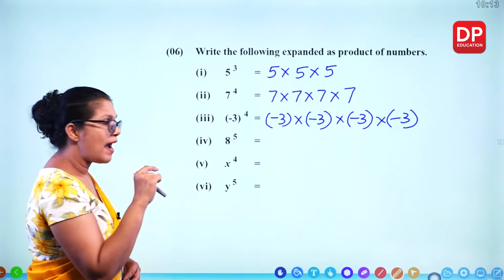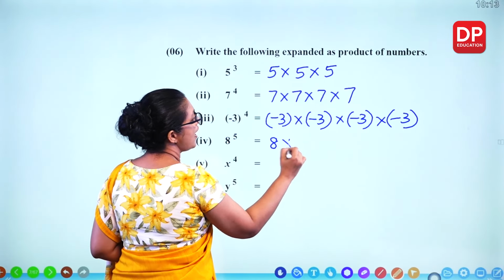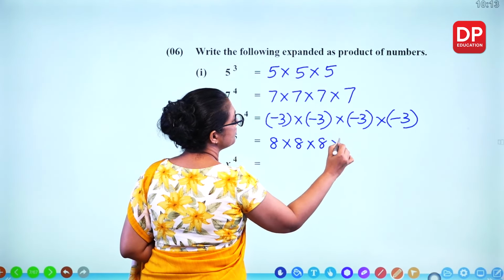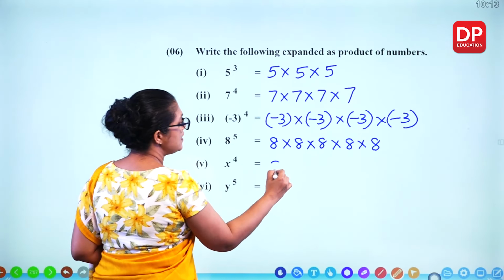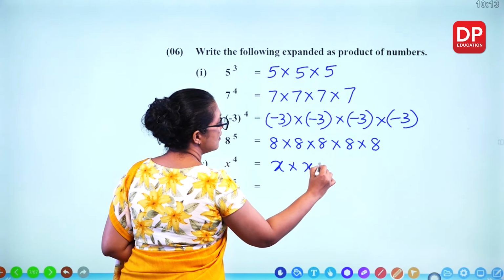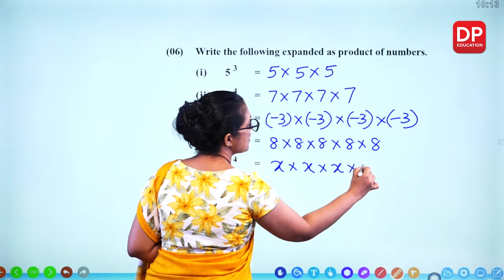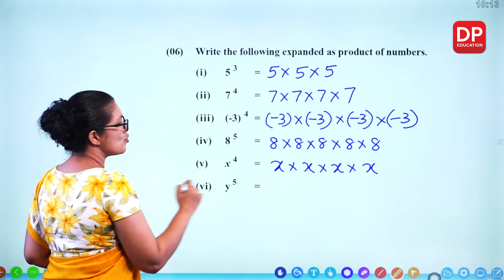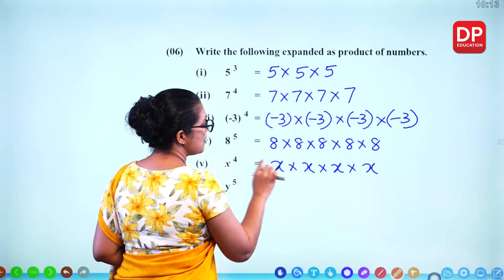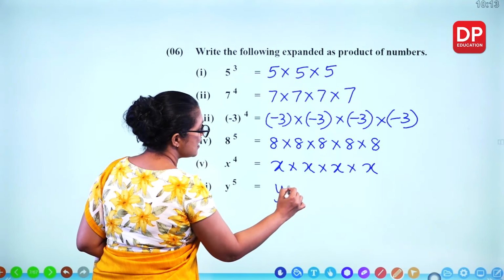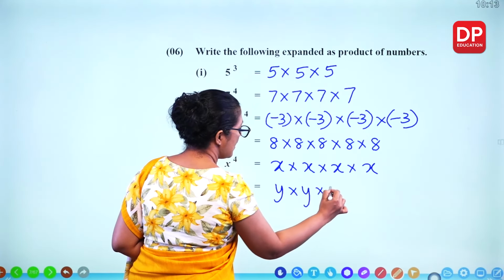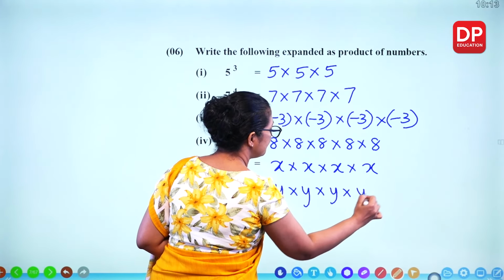Then 8 to the power 5. 8 you have to write 5 times. X to the power 4 means x 4 times. So don't get confused with this multiplication sign and x. Y to the power 5 means y 5 times.